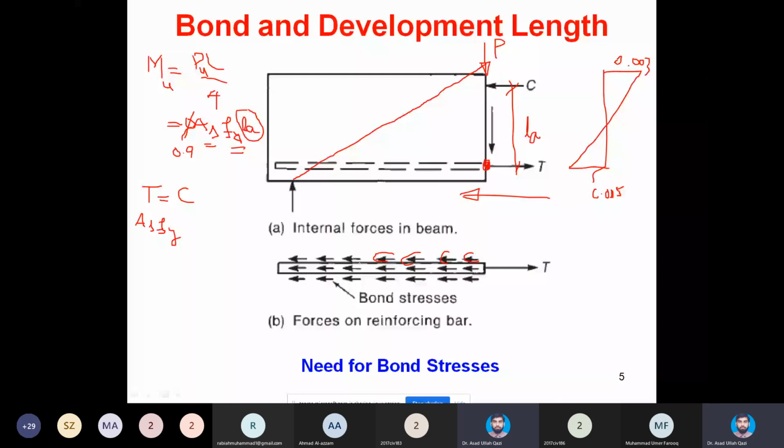But if this bar is deformed, then even the bearing on the deformations will also cause resistance against slip. So in this way, I can say that along this bar, up to a certain length, I will have resistance greater than or equal to T, and then I can see that at this section the bar will be giving 0.005 or bigger without slip.